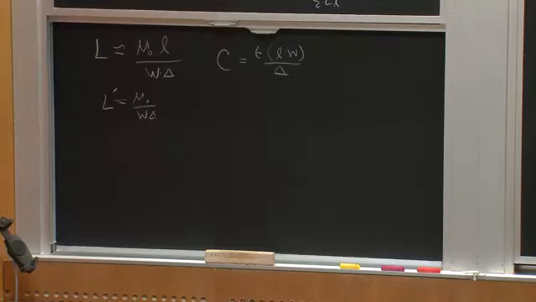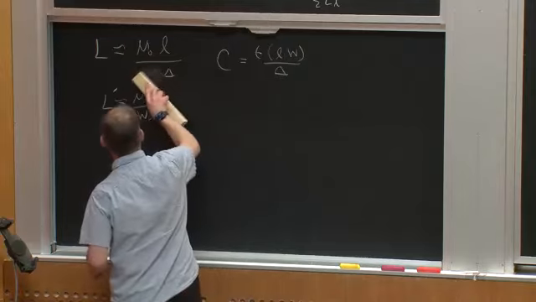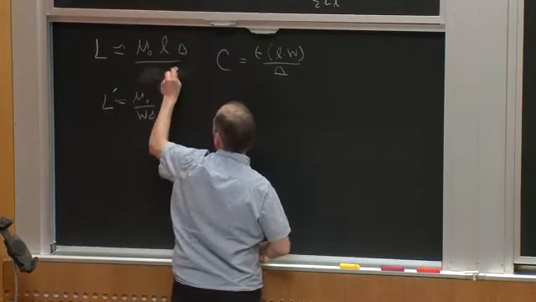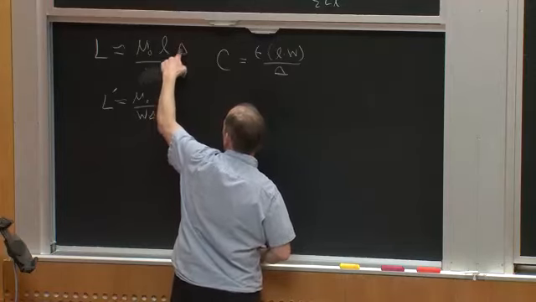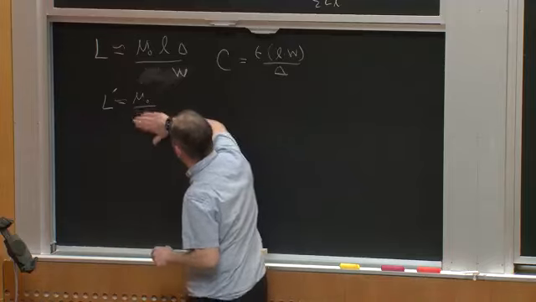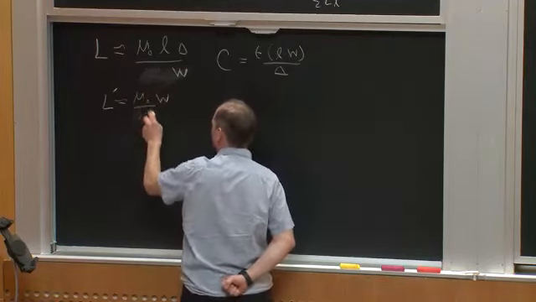That's what happens when I skip boards. The inductance needs to be mu naught delta over W. Right, if I want the inductance to be low, make W big and delta small, okay? This should be W over delta.